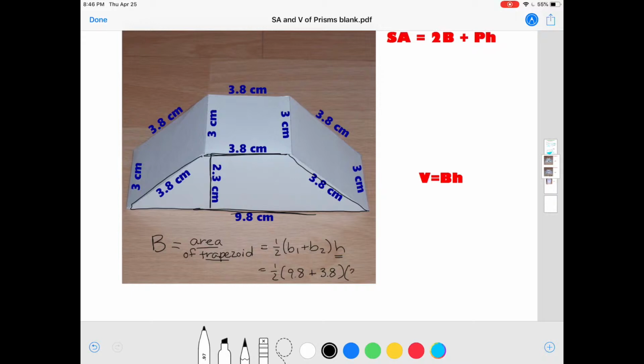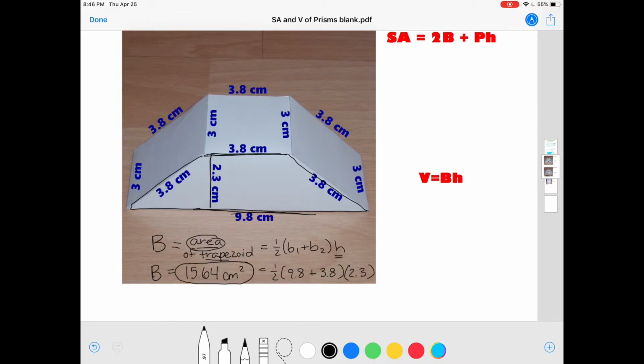So that 2.3 is the height of the trapezoid. Let me type that in quick. I'm going to make sure I put parentheses around the 9.8. If you want to try typing this in, not a bad idea. I am getting, for the area of the base shape, 15.64. And since that is an area, I'm going to say that that's measured in square centimeters. I'm just going to save that now.